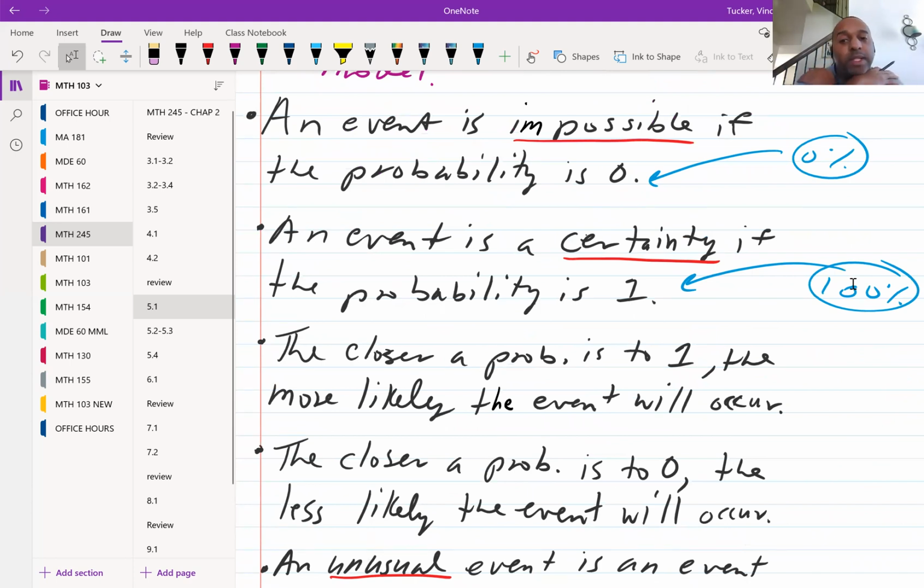The closer probability is to 1, the more likely the event will occur. The closer the probability is to 0, the less likely the event will occur.